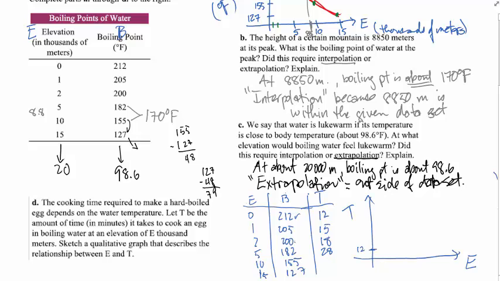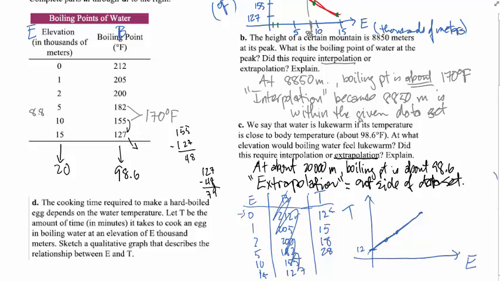Now I want to not look at this. I just want to concentrate on the relationship between E and T. And I have 0 at 12, 1 at 15, 2 at 18, and so it looks like our graph is going to be increasing. Okay?